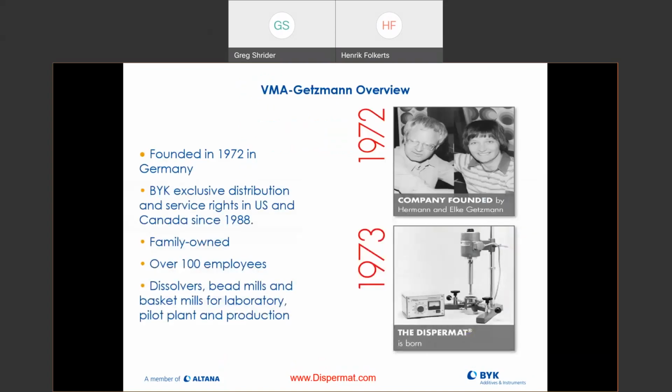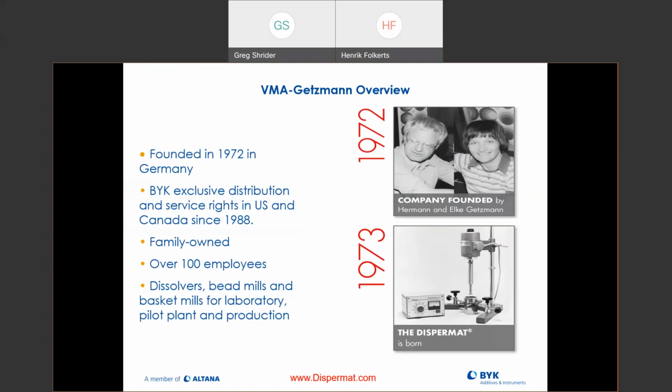So briefly, the company VMA is a German company. It was founded in 1972 by Mr. Hermann Getzmann and his beautiful wife Elke. Herman is still coming into the company at least once a week just to make sure that they still follow his design philosophy and that the company is running smoothly. It's actually managed by his two sons, Martin and Christian Getzmann.